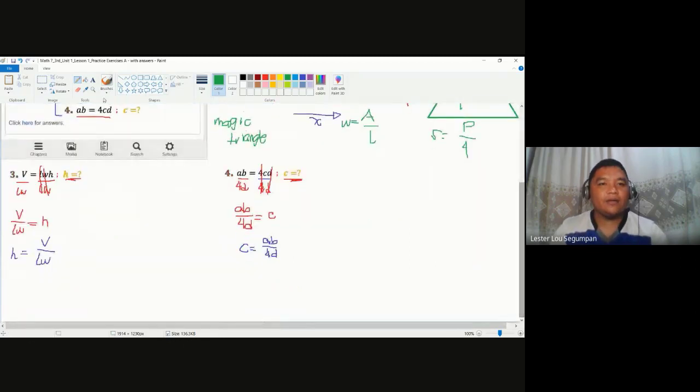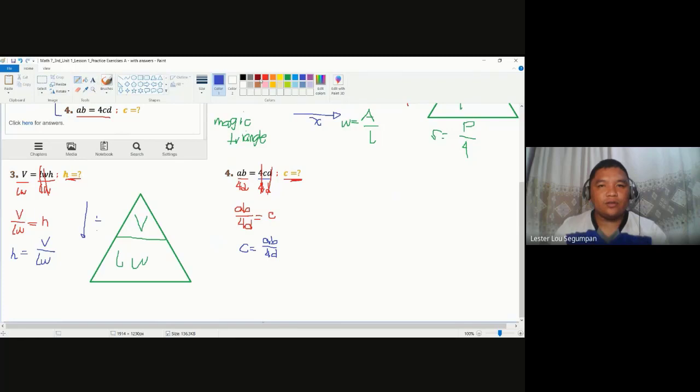Proceeding to number 3, another magic triangle here. But since the right hand side has three variables, we place all three variables here. So for the top, V, you have L, W, and H. And we would like to solve for H. So we cover H. Just cover H. What remains is the V over L and W. Again, from top to bottom, you will apply the division.